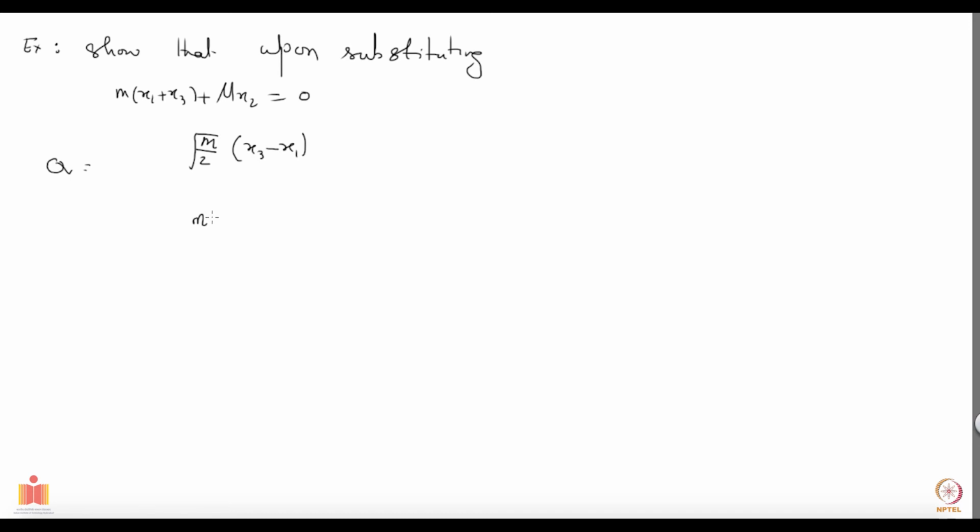So you have m, 2m plus capital M over 2m, and this is the coefficient of x3 plus x1. The third one is 0. Please show this. This is a trivial exercise.